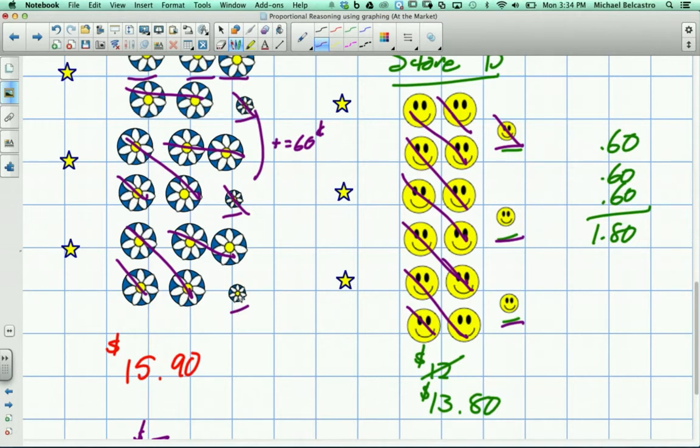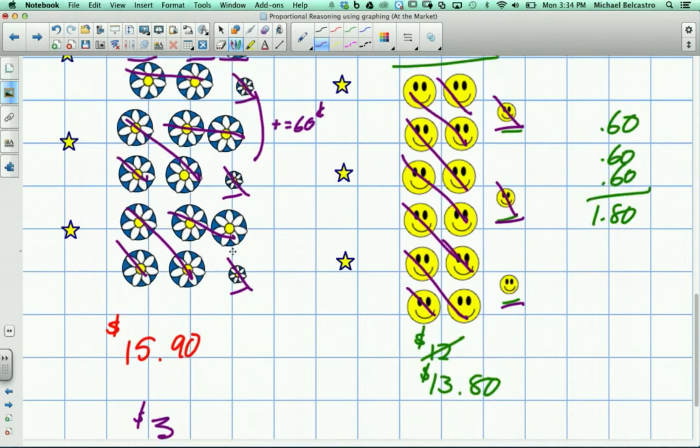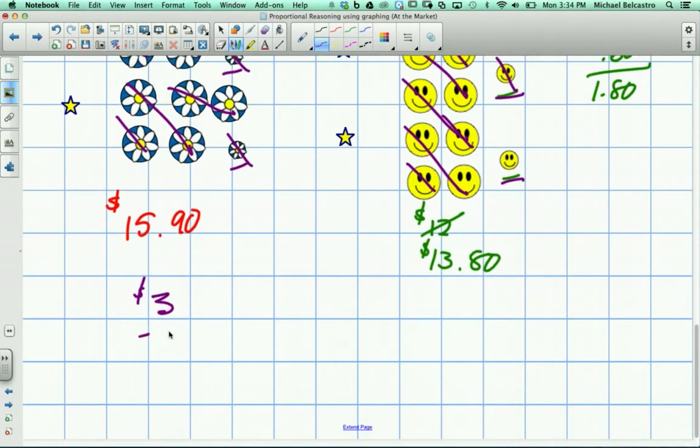I do another happy face, and it needs to destroy another 2 of those smaller flowers, which becomes difficult because there's only 1 left, which means we have to reduce this by another 30 cents. And then we still have to take away this last guy, which is another 60 cents.